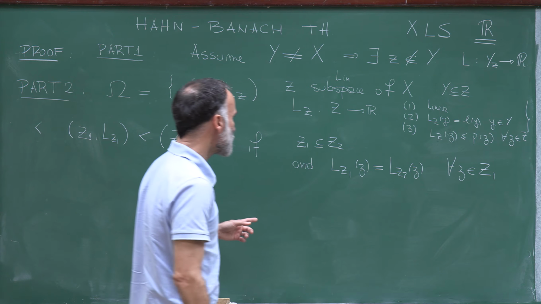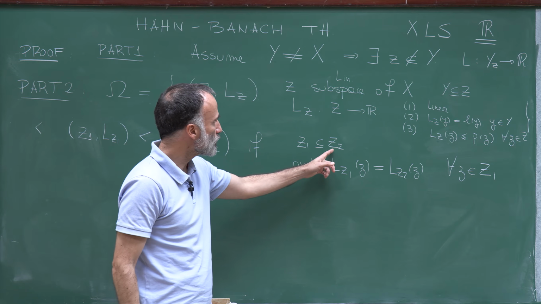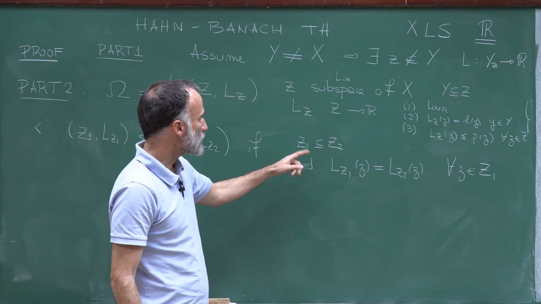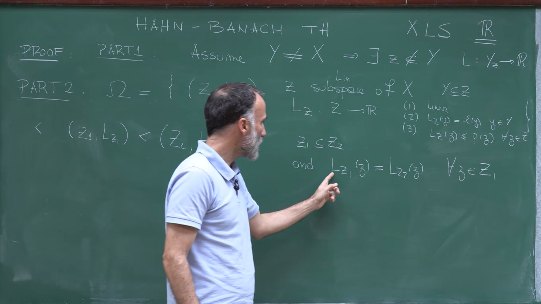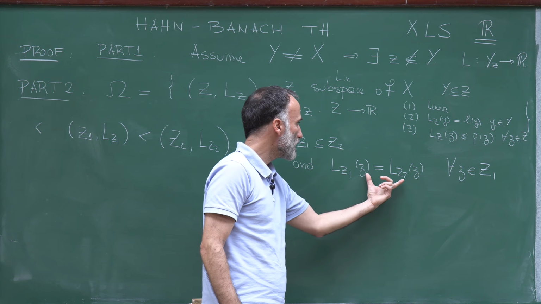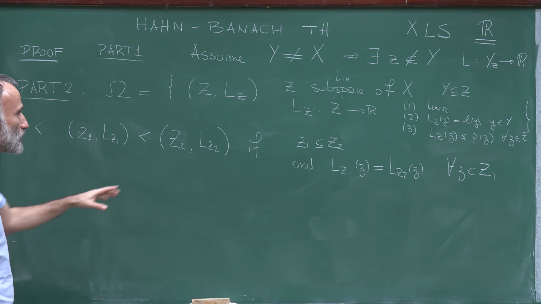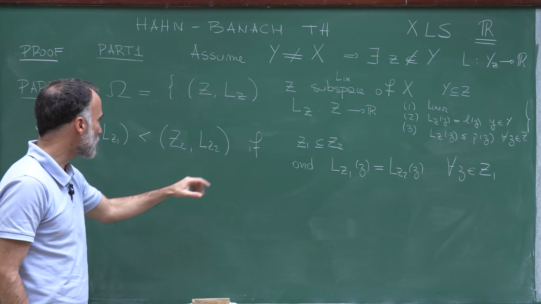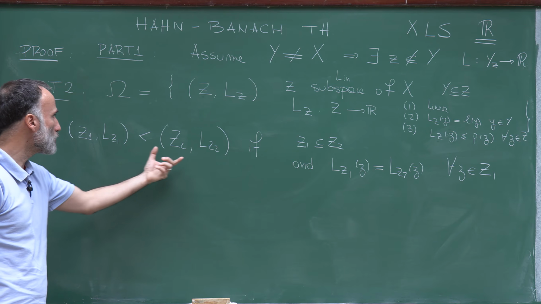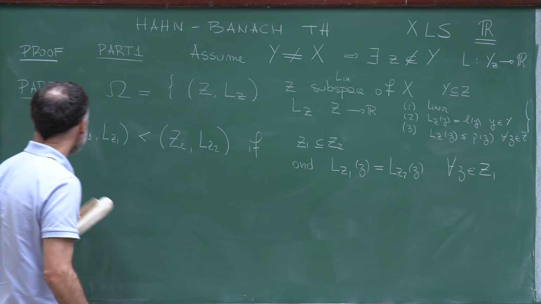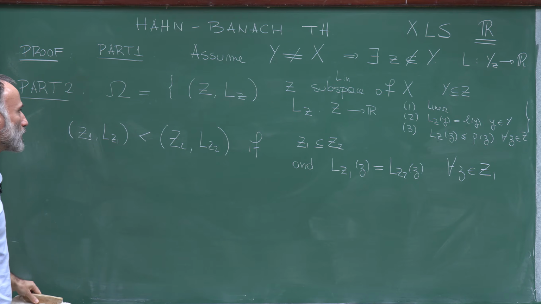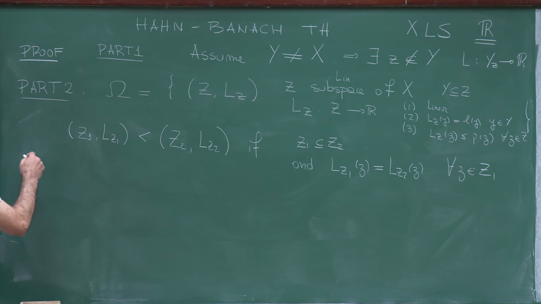So you see that Z2 contains Z1, and the second condition requires that LZ1 and LZ2 coincide on the smaller space Z1. If these two conditions are satisfied, I will say that this element of omega is less than this element of omega. Now I leave it to you to check that this relation is a partial order.